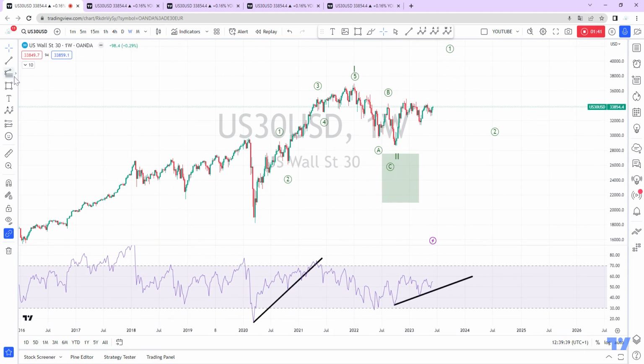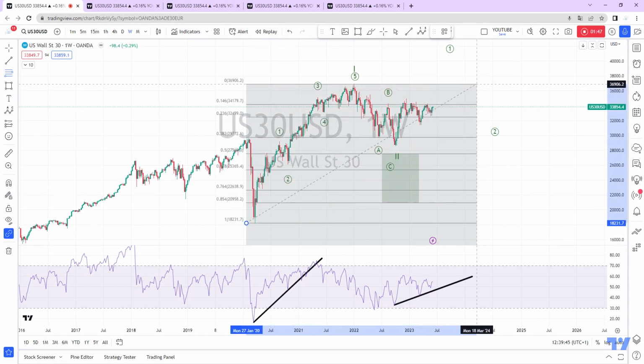Normally, a wave 2 ends between the 0.5 and 0.854 FIB retracement. So this area actually, and as you can see, the Dow missed it. We did not reach this 0.5 FIB retracement.